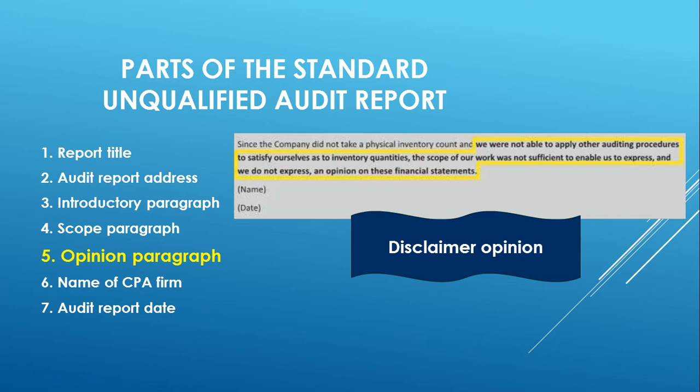And the last type is the disclaimer opinion. As we see here, we cannot find the words in our opinion, because the auditor says we do not express an opinion on these financial statements. We do not express an opinion because there are many causes.